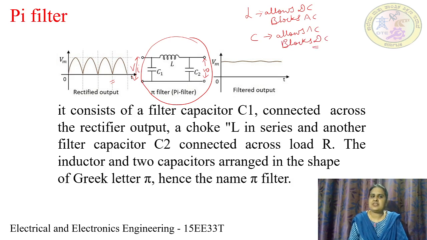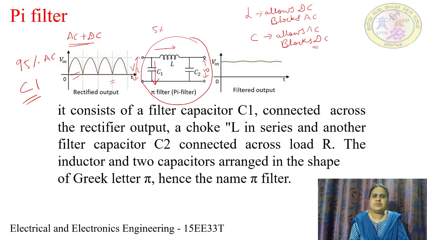So the same concept. The AC plus DC components are present in the rectified output. Of the AC plus DC components, 90 or 95% of the AC components pass through the capacitance C1, thereby leaving here very little, say 5% AC which will manage to flow, or 2% or 1%, plus the DC.